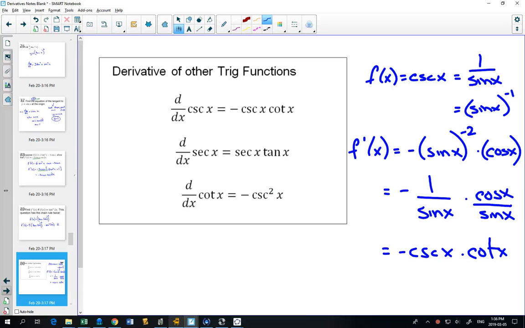But it would have been fine to leave it as cos over sine squared x. I personally don't memorize these ones because I always just change them to sine and cos and figure it out. But it's not bad if you want to. I find the cotangent one is not hard to memorize. Since the derivative of tan is secant squared, the derivative of cotangent negative cosecant squared isn't that hard to memorize.